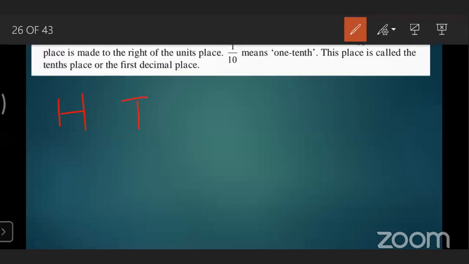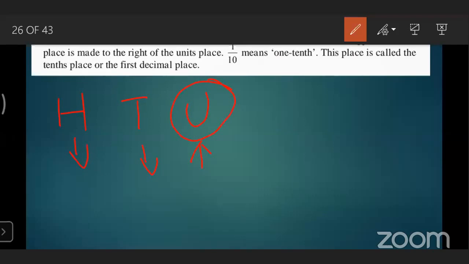100, 10, unit. We have divided this 100 into 10 equal parts, that becomes 10, right? After that, we divided this tens into 10 equal parts, that becomes 1 unit. Now we have to divide this unit into 10 equal parts.